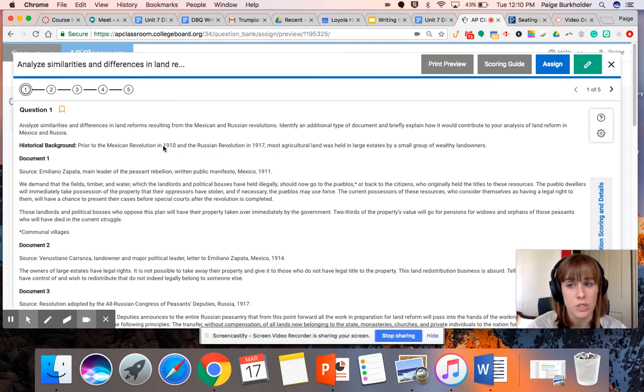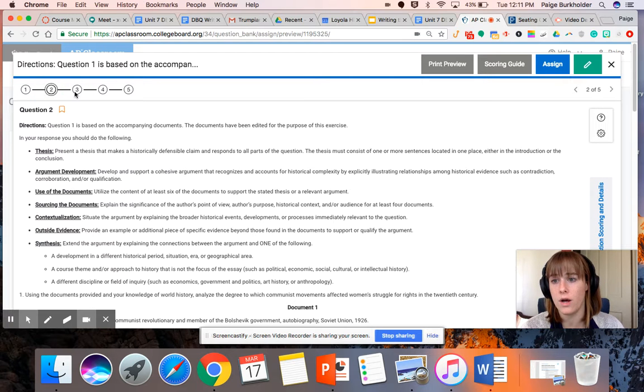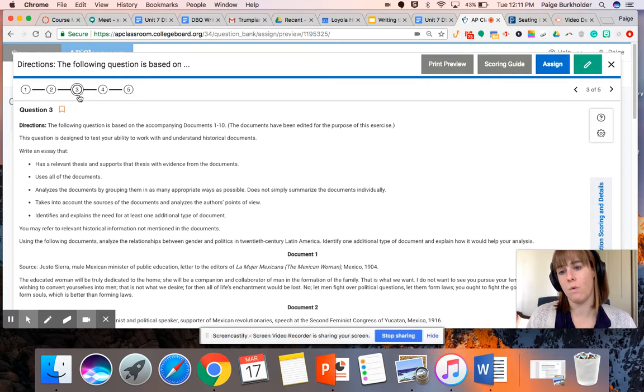What you need to do is choose one of these 5 DBQs. This is assigned to you. It's on the AP College Board website dashboard. You're going to choose one of these 5. I have everything from comparing the Mexican Revolution to the Russian Revolution. I have one about just the Russian Revolution. I have one about gender and politics in Latin America.